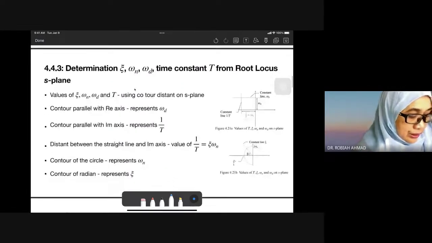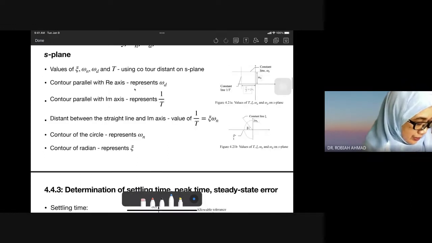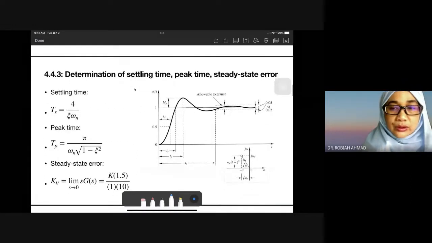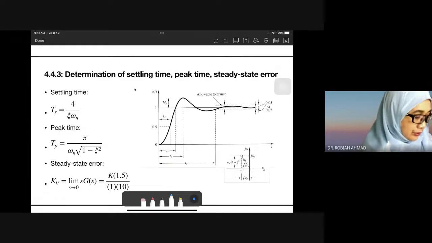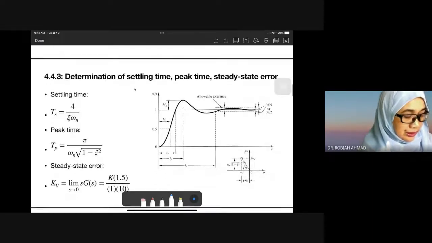And then we also learned about determination of the damping ratio, the natural frequency, damped and undamped, and also the time constant from the root locus that we sketched during our previous lecture. This time we will concentrate on the transient response, and this part is the steady state error phase.